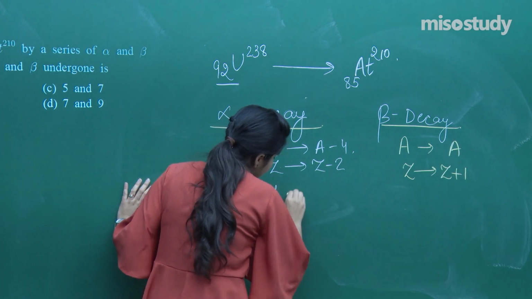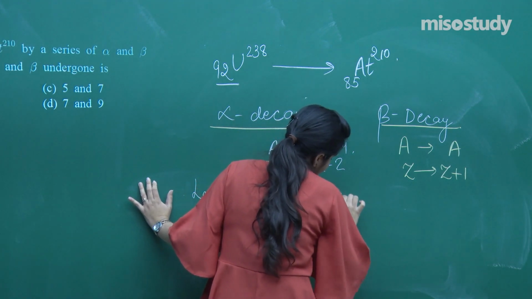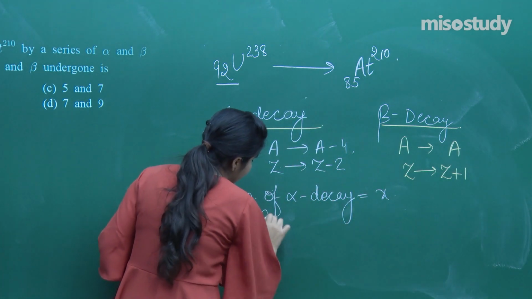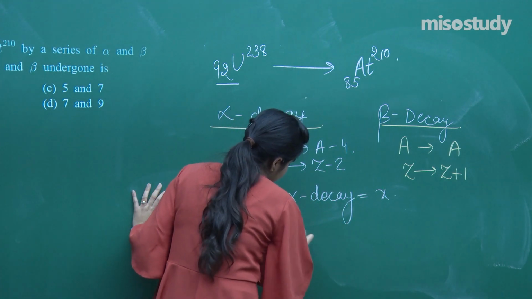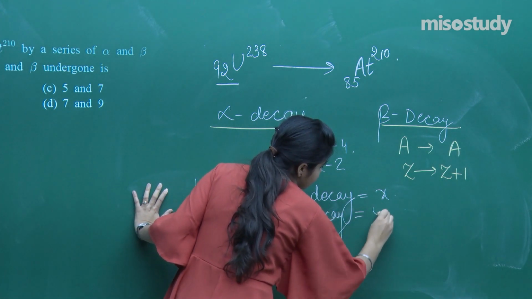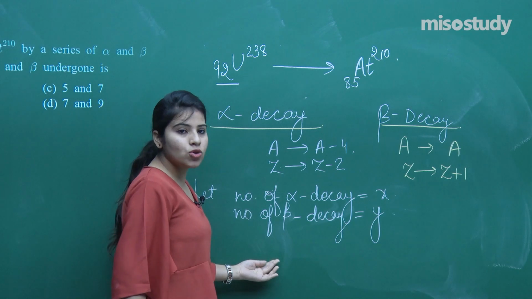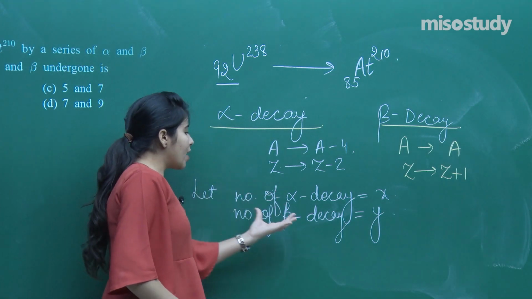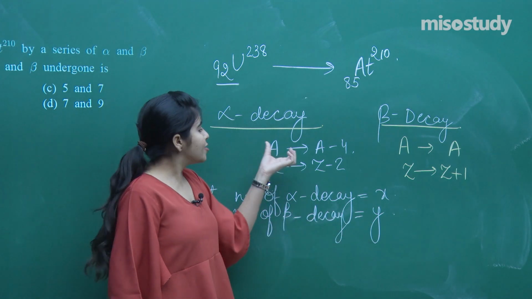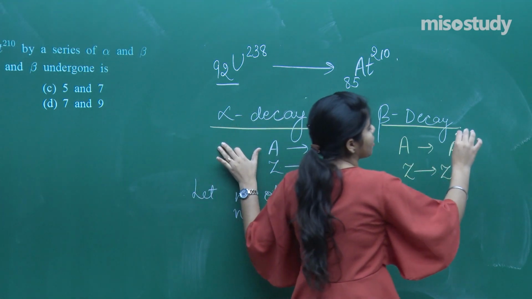Number of alpha decays is x, number of beta decays is y.